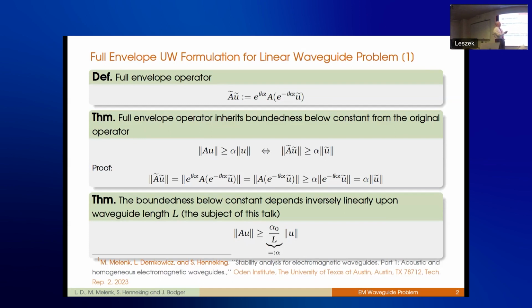It is based on the assumption that the solution is represented as an exponential ansatz times a new unknown. This new unknown is not a function of x and y only, it's still a function of x, y, and z. But you're taking this exponential ansatz out.